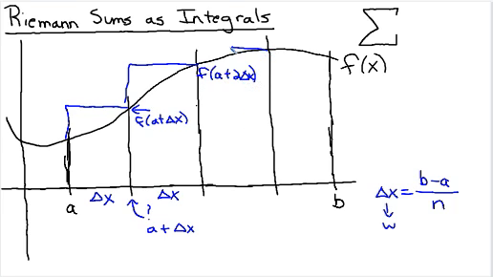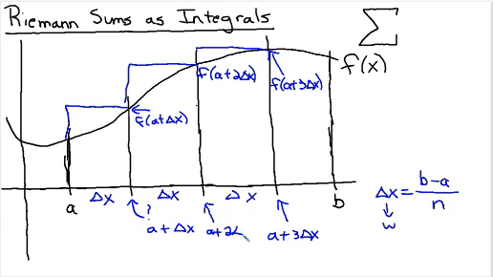And this one here would be f of a plus 3 of those delta x's. Okay, that would be the actual x-coordinate, a plus 3 of those delta x's. Here it would be a plus 2 of those delta x's.